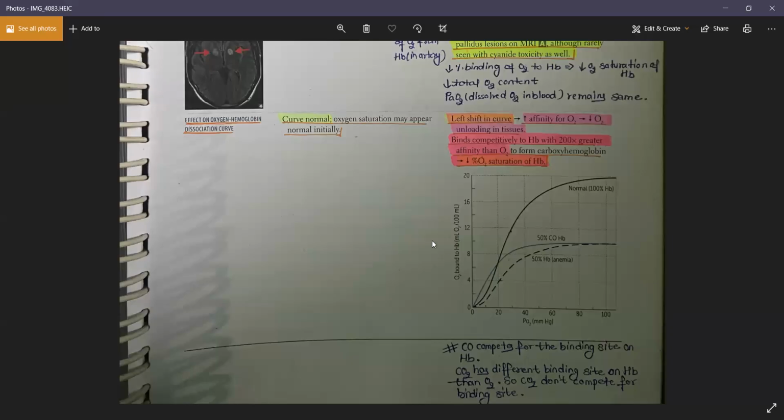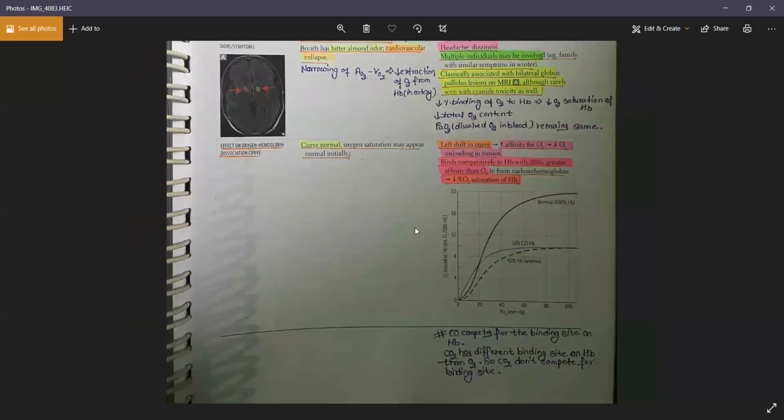Okay, thank you. So I have a question. Whenever there is decreased saturation, like in carbon monoxide poisoning, how does the affinity increase? Because there is another thing: when there is hemoglobin, there are different parts. When one oxygen gets combined with the heme part, then the others again start combining.